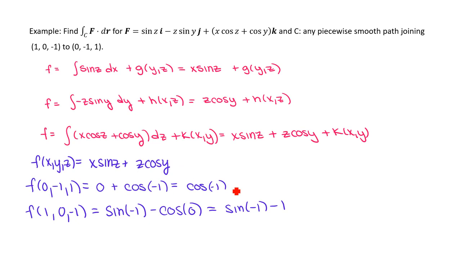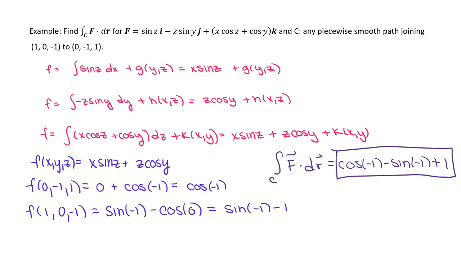I get cosine of negative 1. And then the starting point 1, 0, negative 1, I put that into my potential function. I get sine of negative 1 minus 1. So my integral is going to be cosine negative 1 minus sine of negative 1 minus minus 1, so plus 1. And there's my final answer there.